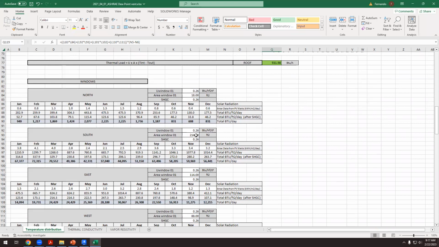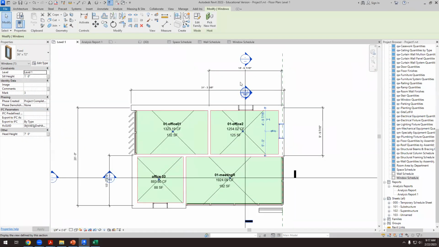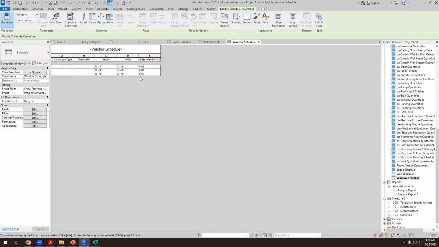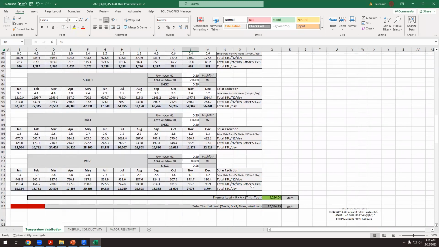So what does it do? Probably I didn't place the right area. Yeah, probably I didn't have the right area for the windows there, but we have to check. Anyway, 8,000 and 11,000, the difference is not that much, okay?